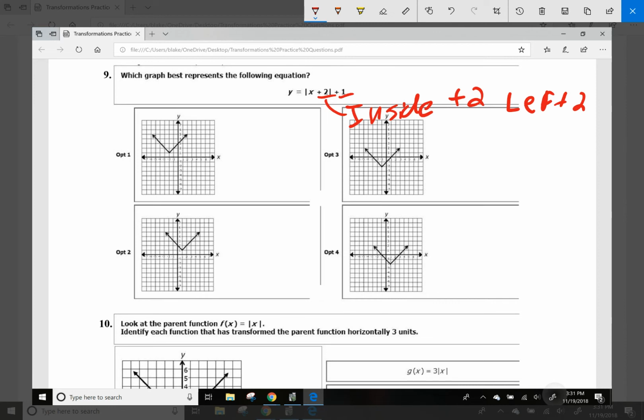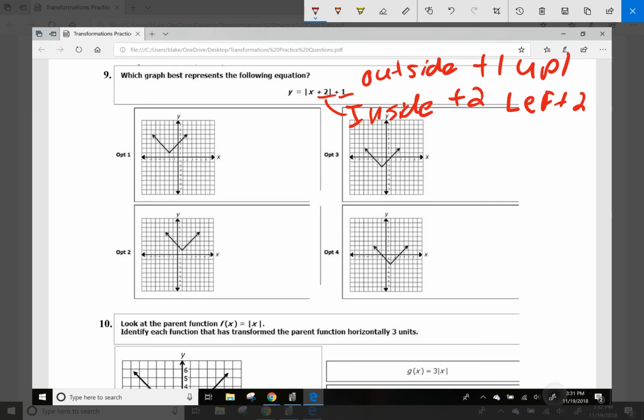The +1 on the outside, because it's not inside the absolute value bars, means it's a vertical shift, going up 1. So I'm looking for a graph. If I start at 0, 0, where the center of that graph is, I go left 2 and up 1.